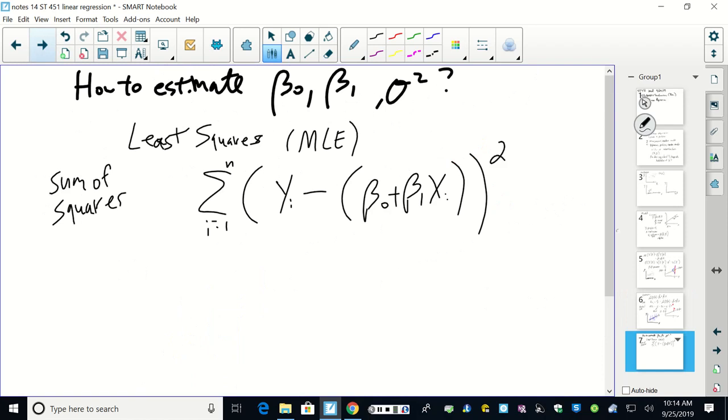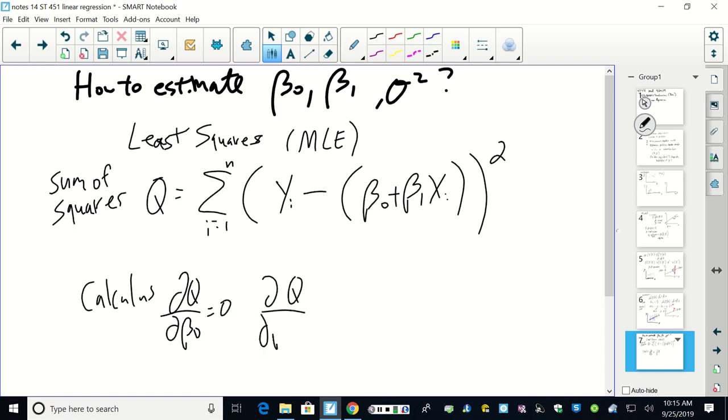So to do that is a calculus problem. If this is something called Q, like a criterion, some books call it Q, and we take the partial derivative of that with respect to beta 0 and set it equal to 0, we get one equation.